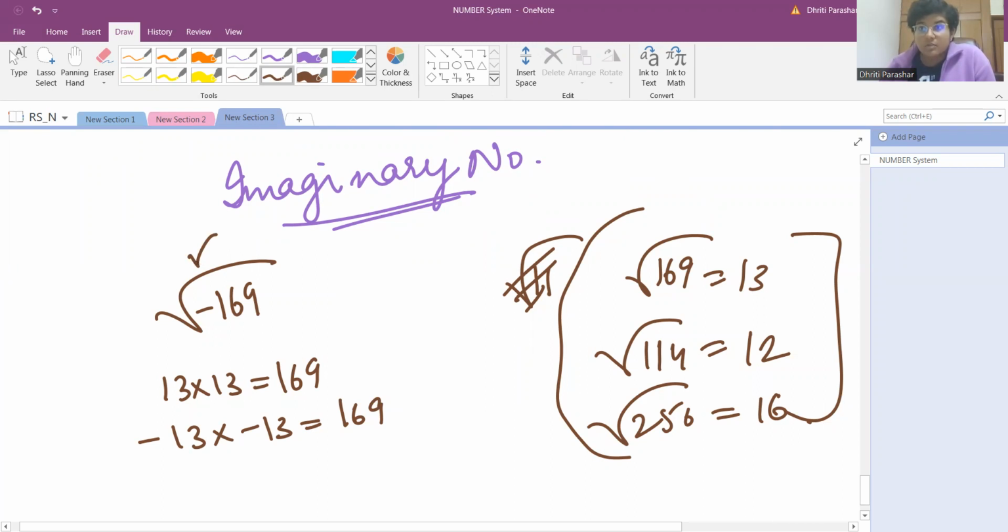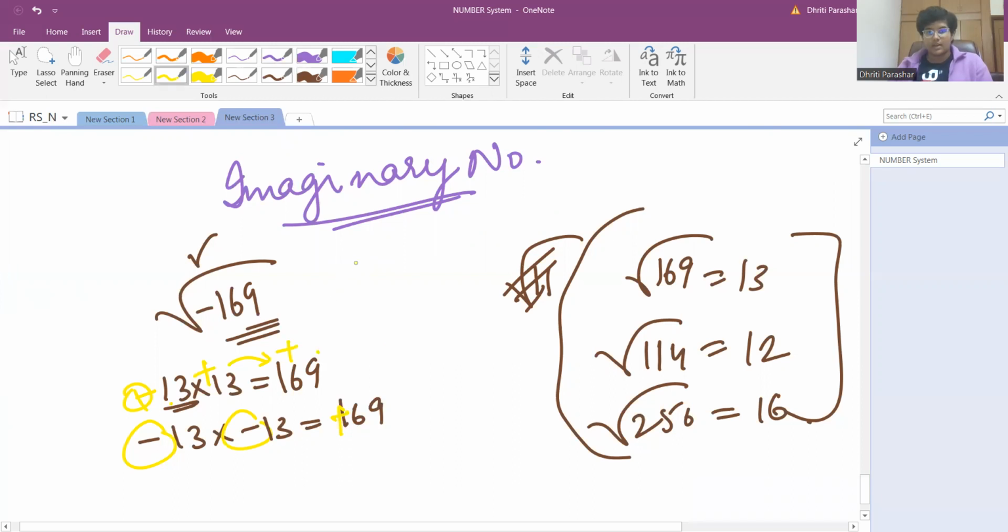There is no possible way that this 13 can be made into 169 minus 169, right? Because according to the sign convention in integers, this minus and minus turns to plus. Plus and plus again turns to plus.